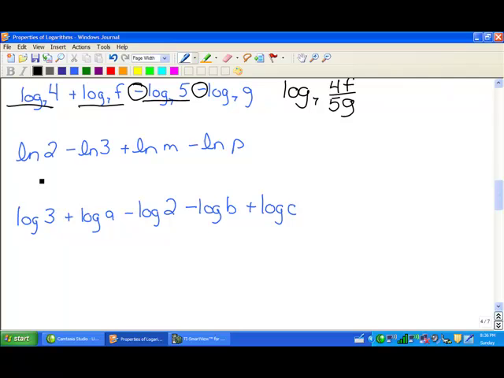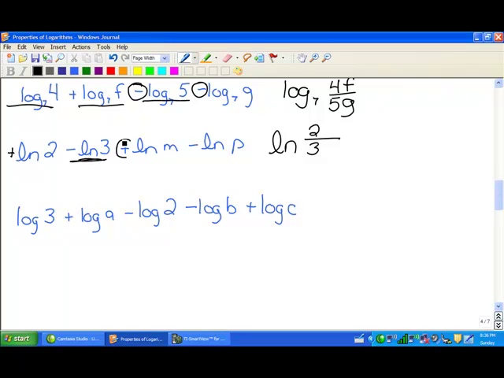Let's look at that again. If we have the natural log of 2 minus the natural log of 3 plus the natural log of m minus the natural log of p, and we're contracting or condensing back to a single natural log, the 2 has got to be on the top, its log is positive. The 3 would have to be on the bottom of a fraction because its log is negative.